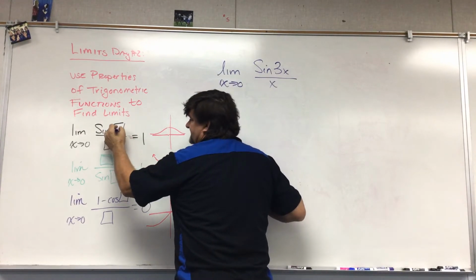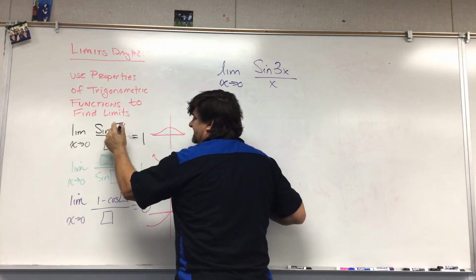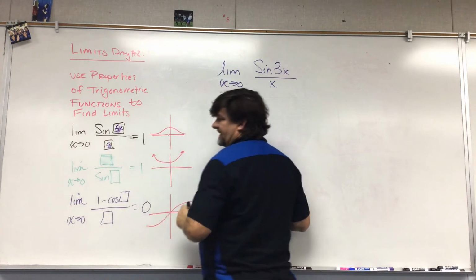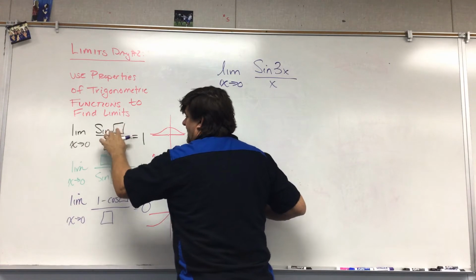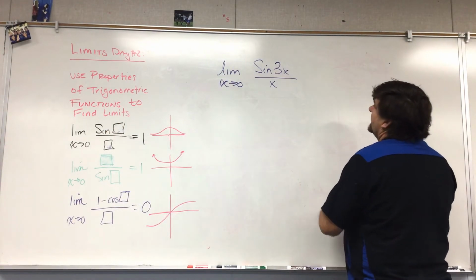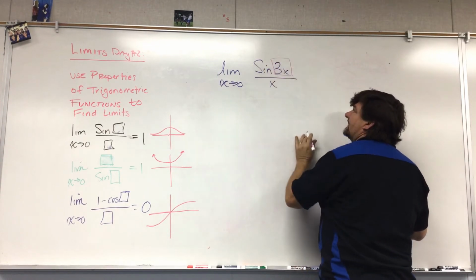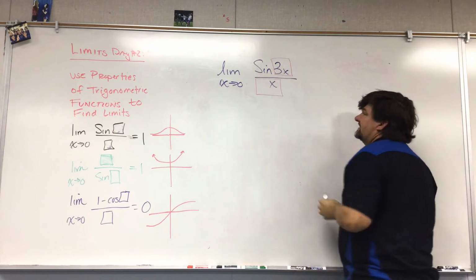If this has an x in it, that has to have an x in it. If this has a 5x in it, this has a 5x in it. So we've got to make the boxes match. If I look at this piece, I have 3x in the box and just an x in the box.